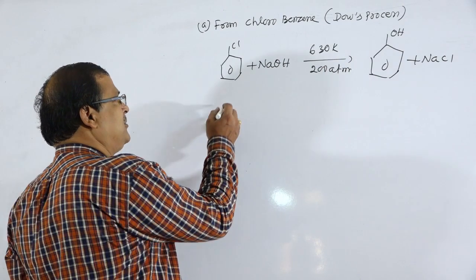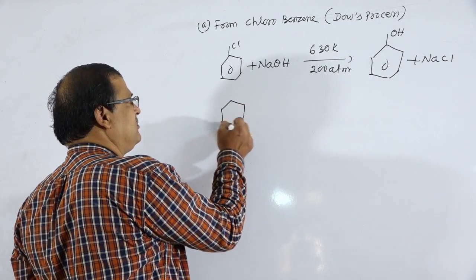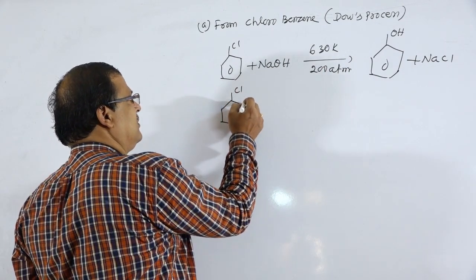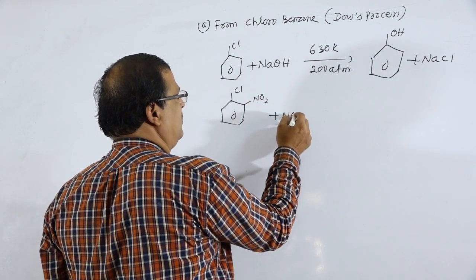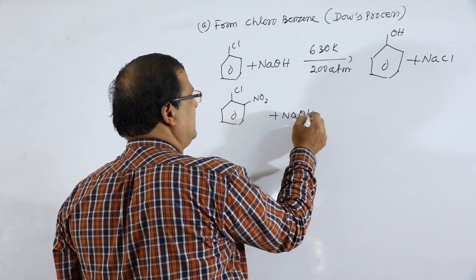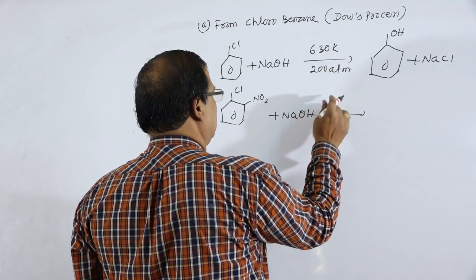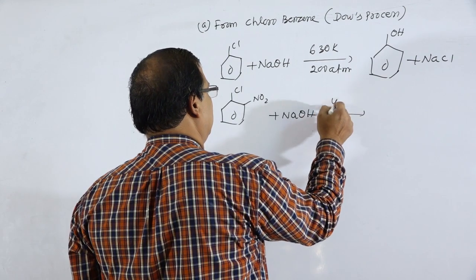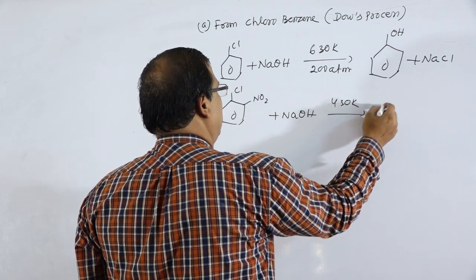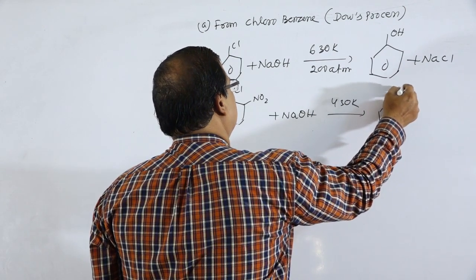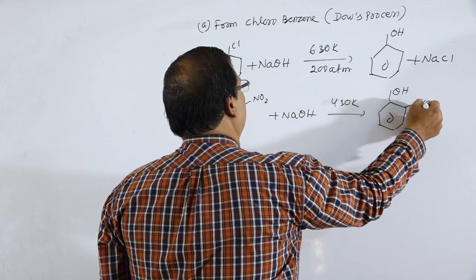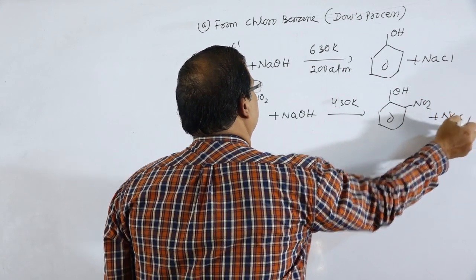But if we take minus I groups like NO2, in presence of NaOH, then at 430 Kelvin we get phenol with NO2 plus NaCl.